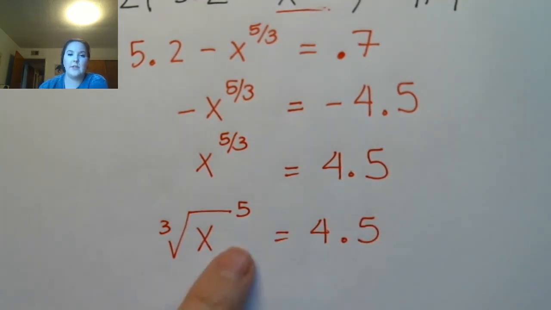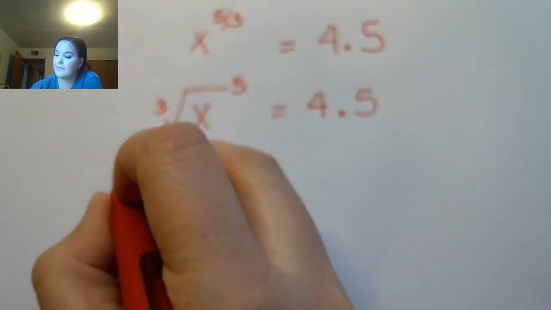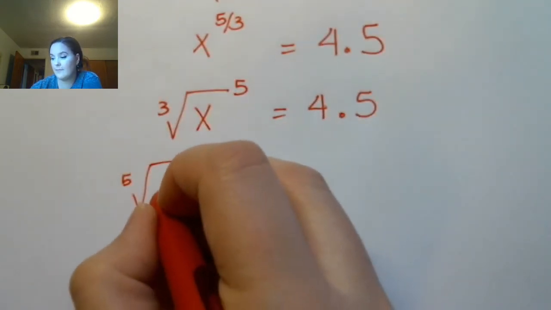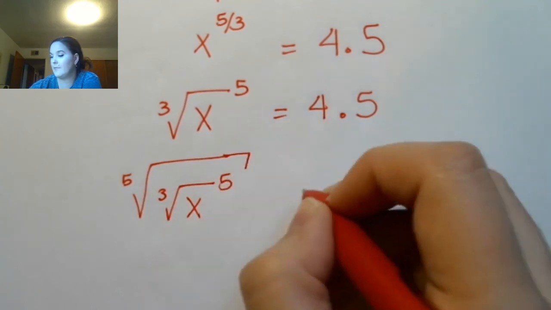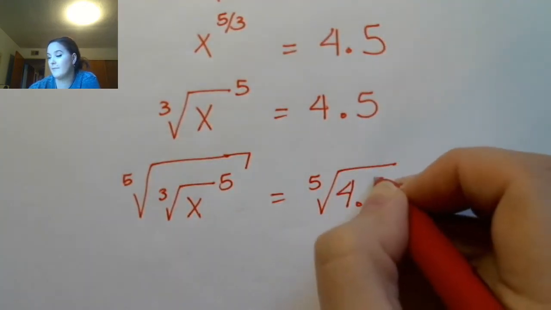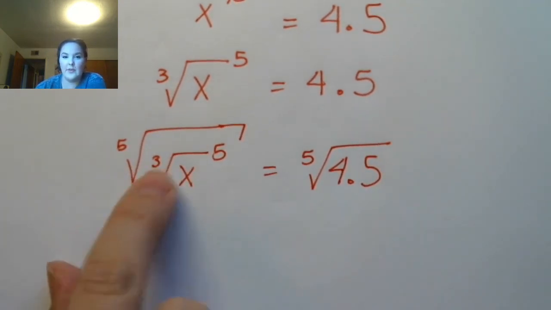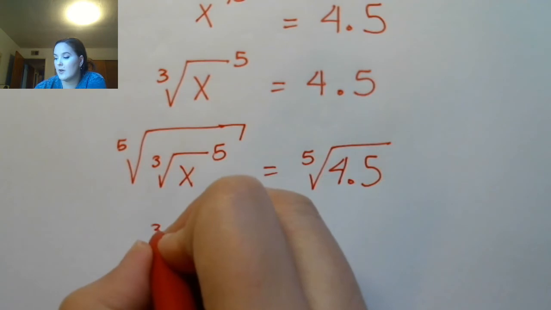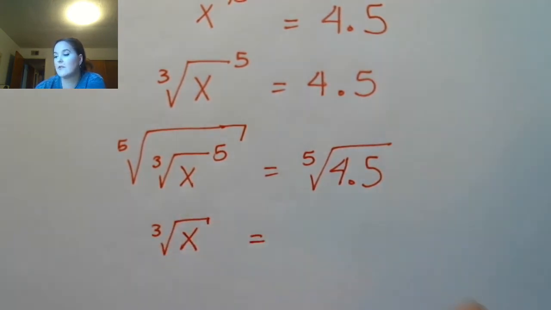Now to get rid of the fifth power, I need to take the fifth root of both sides. Now the fifth root of the fifth power, those are opposites, so they undo one another, and I'm just left with cube root of x.